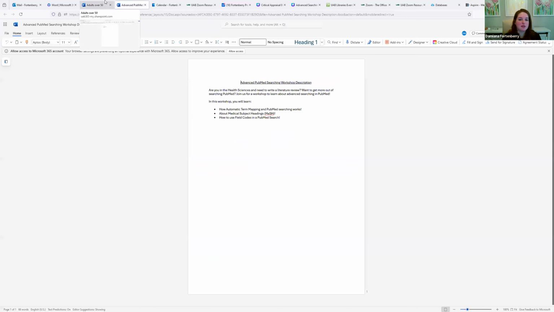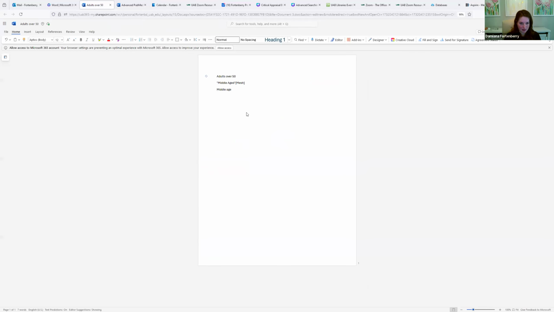and I put this here as my second concept, and again, just like with middle age versus adults, I do a search with everything fleshed out, and I find I could maybe see better results than what I'm currently seeing.